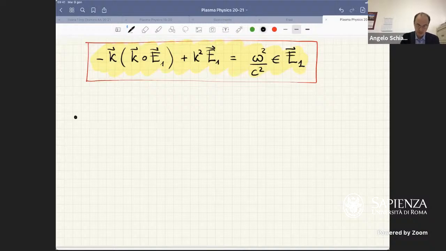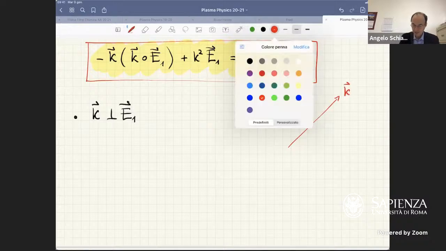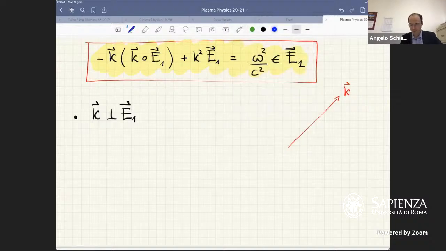So for instance, we seek solutions where the k vector is orthogonal to the electric field. In space, it means that if this is the direction of wave propagation, the electric field is oscillating in the perpendicular direction. Okay, it's not very perpendicular.